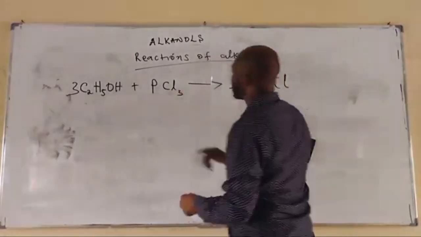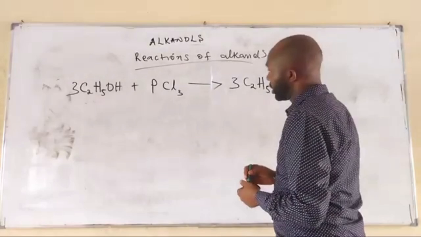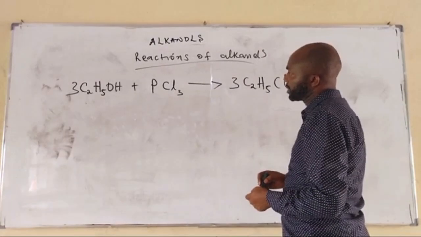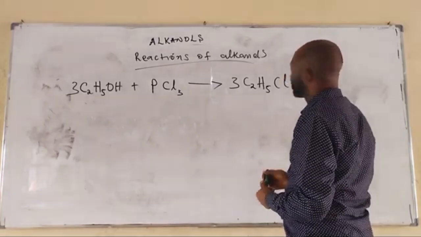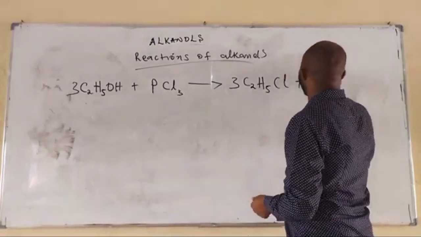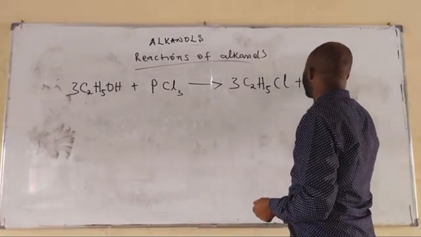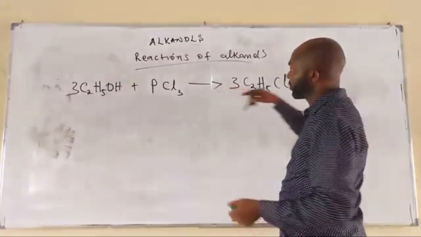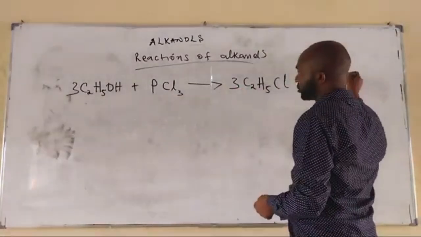Remember, we have 3 chlorine here. Now, what are we left with? We are left with 3 oxygen, 3 hydrogen, and phosphorus. So plus hydrogen, we have 3 of them. We have phosphorus, which is 1 left, and we have oxygen, which is 3.